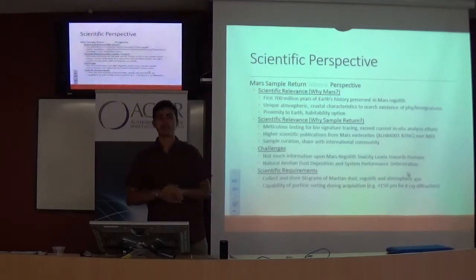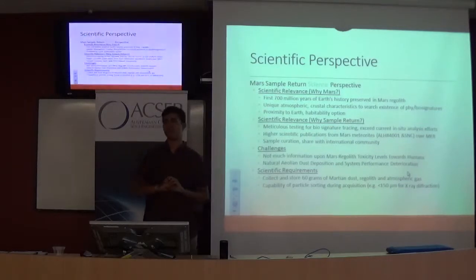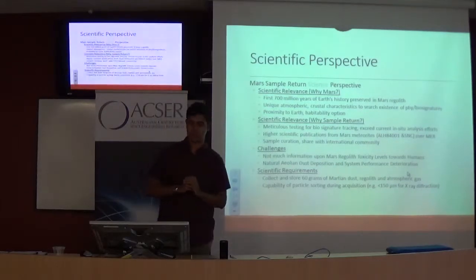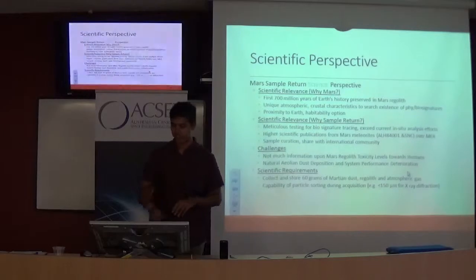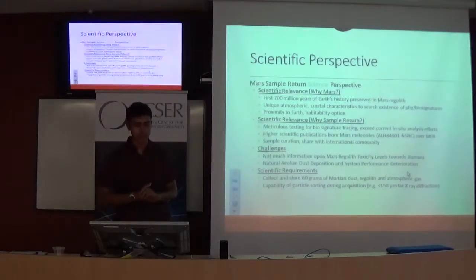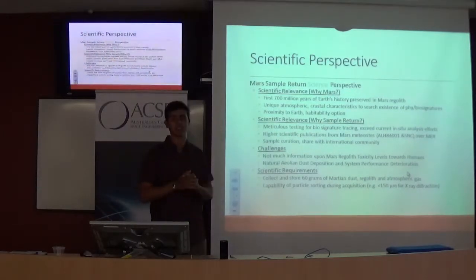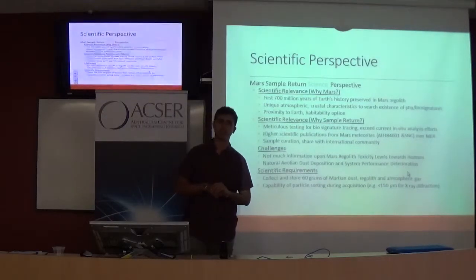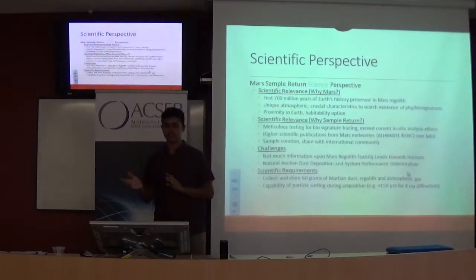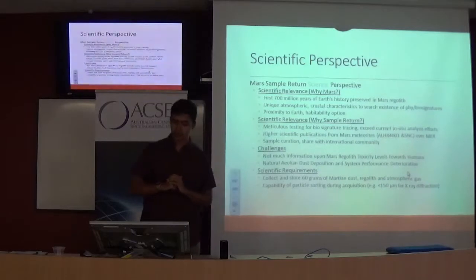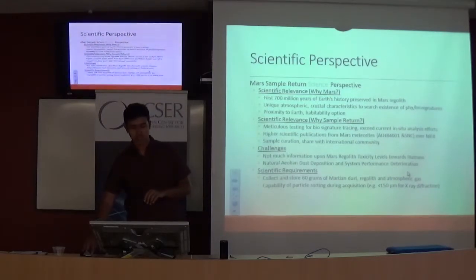But even 60 grams, it sounds like a very small amount, but it's turning out to be a very expensive affair to bring back samples. And also the advantage of collecting regolith or finely loose grains from the surface is that it lets you sort these particles for doing X-ray diffraction and X-ray fluorescence studies.